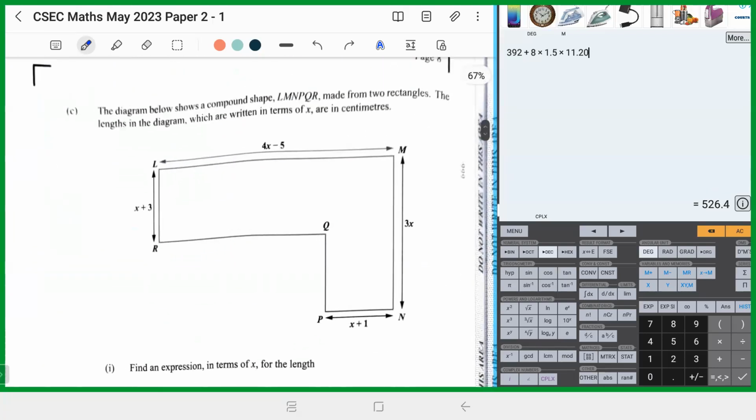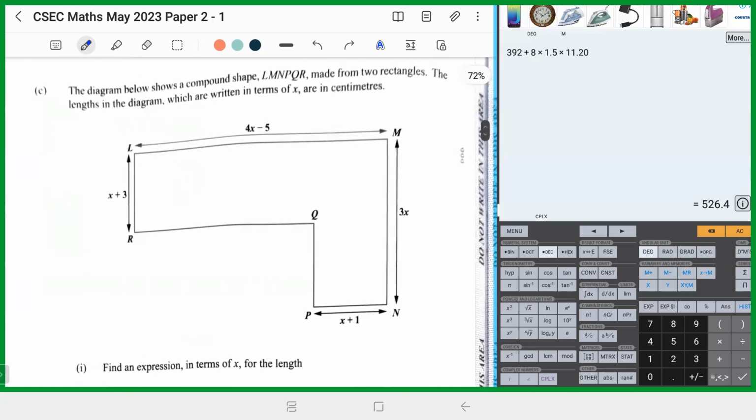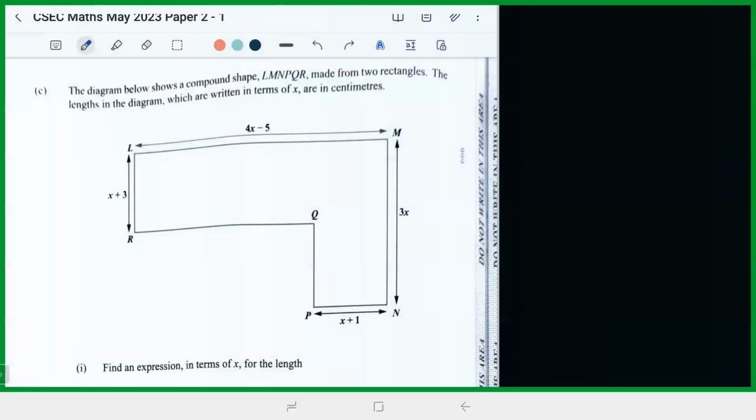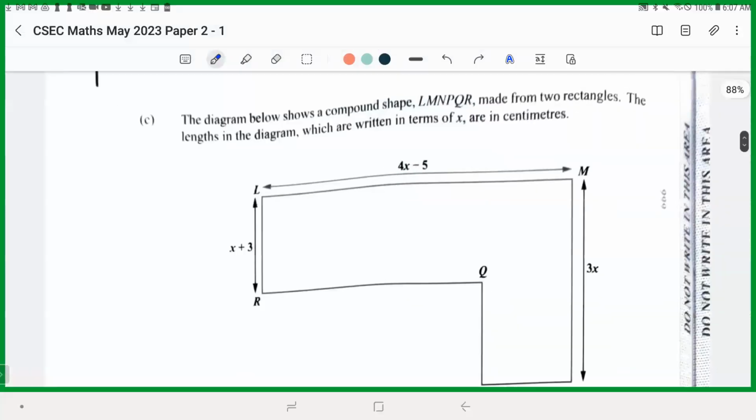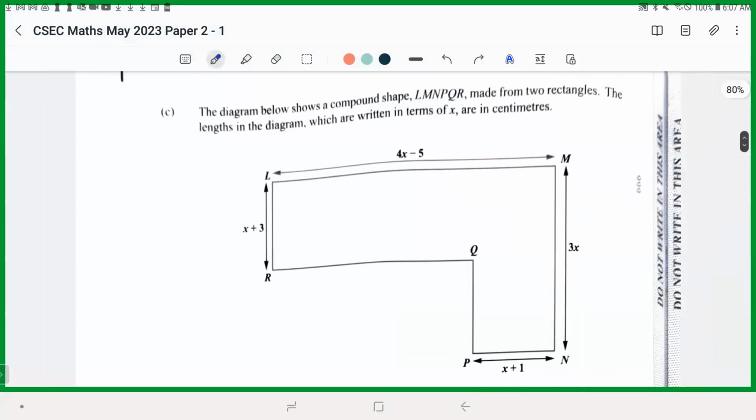All right, so they give us this diagram. The diagram below shows a compound shape, LMNPQR, made from 2 rectangles. So you have a rectangle here, and a rectangle here.